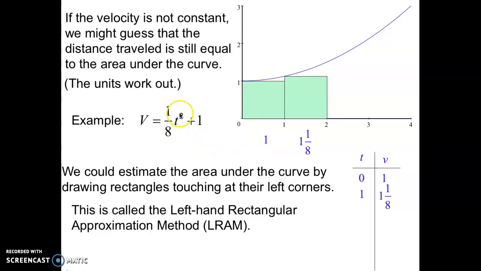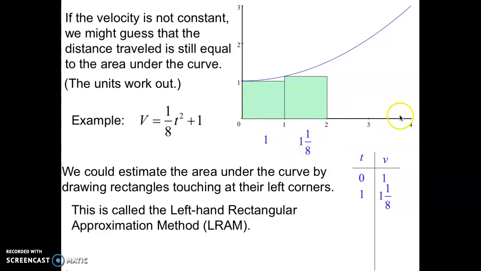So I put 1 in here for t. 1/8 plus 1 is equal to 1 1/8. Then I can figure out the area of this rectangle, 1 1/8 times 1, and add it to the first rectangle. So far, these two areas added together would be 2 1/8.